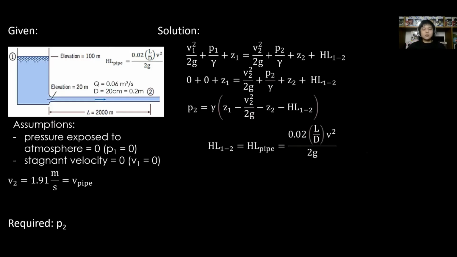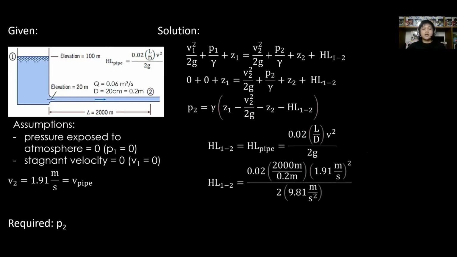For head loss between points 1 and 2, substitute L as 2,000 meters, D as 0.2 meter, the velocity determined earlier as 1.91 meters per second, and the gravitational pull as 9.81 meters per square second. Thus, the head loss between points 1 and 2 is 37.182 meters.